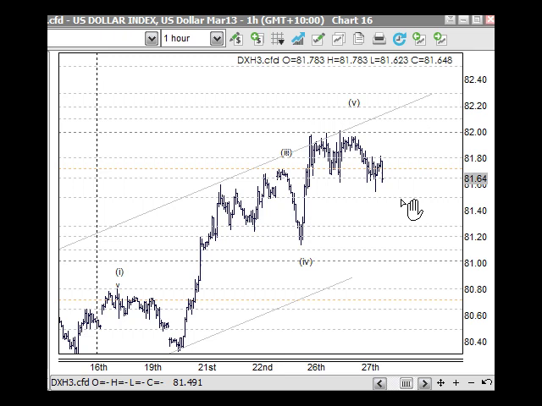So let's just chill out a little bit, because this all appears quite corrective to me at this stage. We just need a cleaner structure to confirm those moves. But while this is peeling off, stocks are going to be moving higher. Let's just get confirmation on this one first.